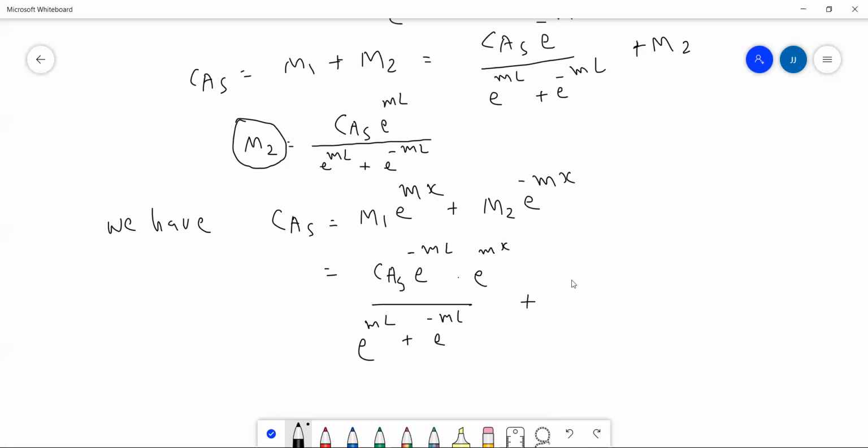This is the value of m2, CAS into e raised to ml divided by e raised to ml plus e raised to minus ml, and this e raised to minus mx.